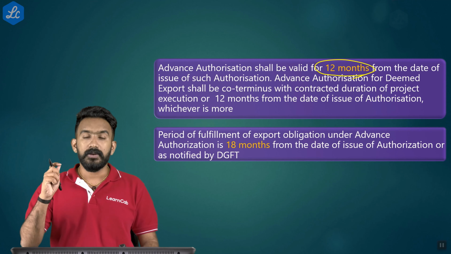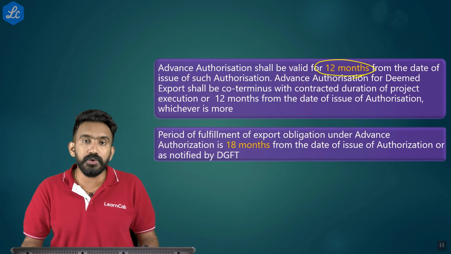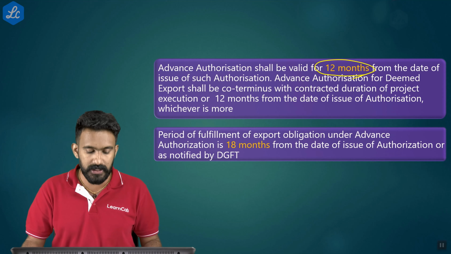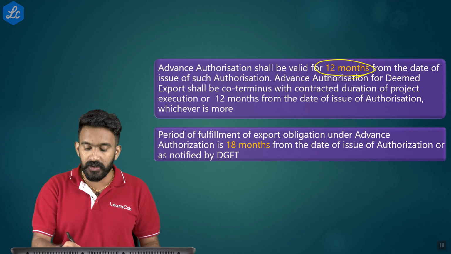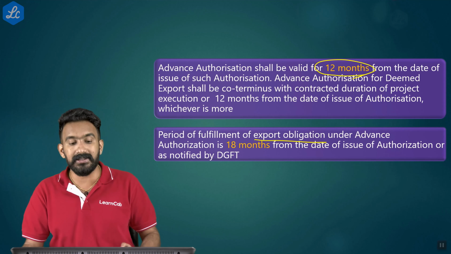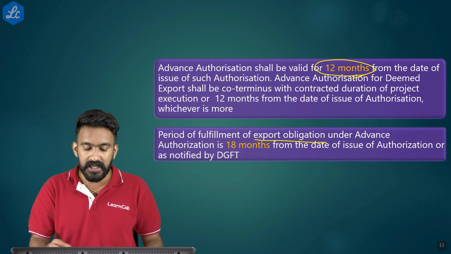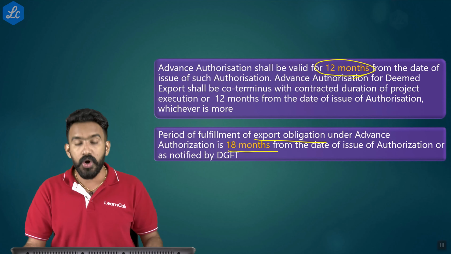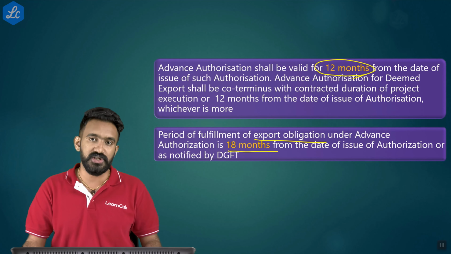Now, why am I importing this input? For the purpose of export. So when should I meet this export? The period of fulfillment of export obligation under advance authorization is 18 months from the date of issue of authorization or as notified by DGFT.